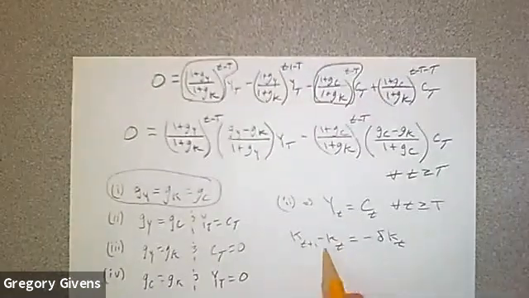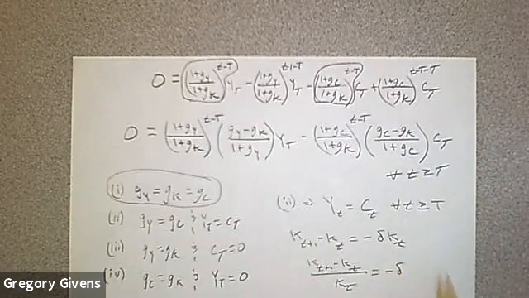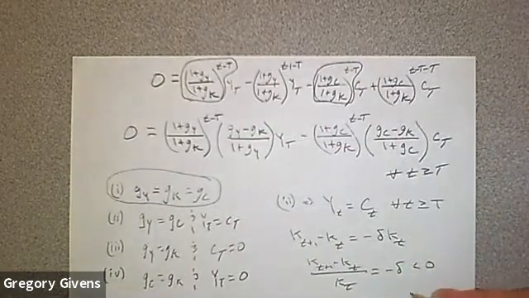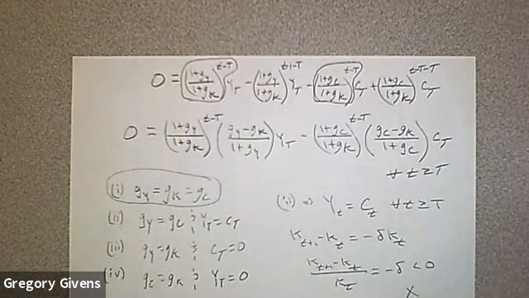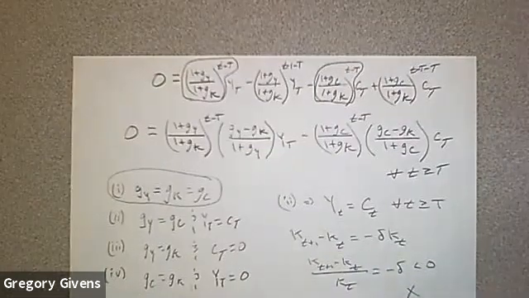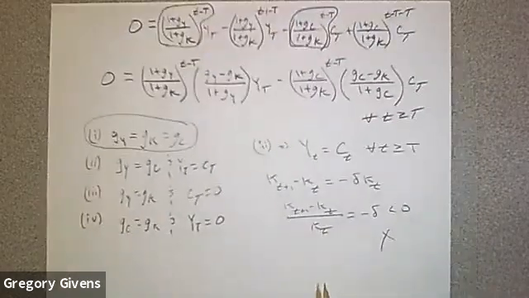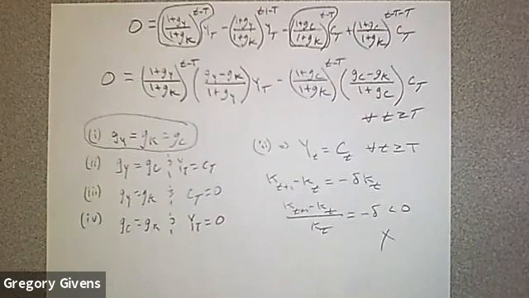Which means that the growth rate of capital would simply be equal to negative delta, which is a negative number. And that can't be true because we've assumed that the growth rate of the capital stock is positive, right? gK has to be a positive number. So case 2 can't be true. That's inconsistent with having a positive growth rate for capital.